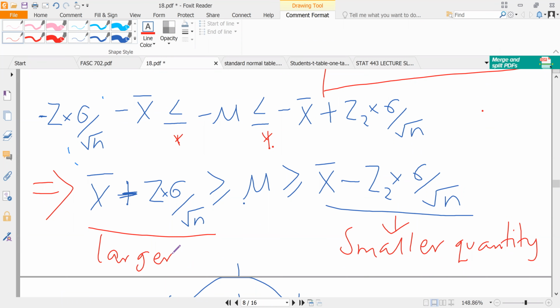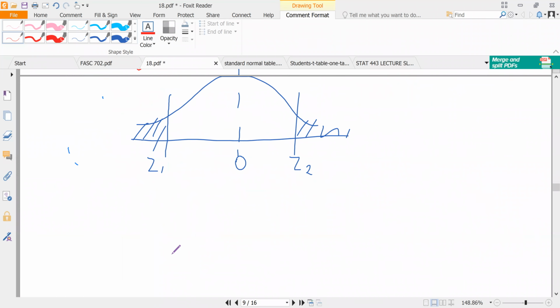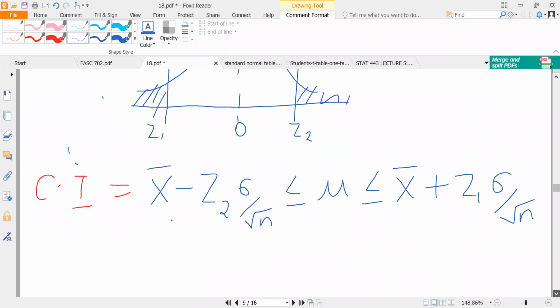So we can rewrite this whole expression so that our confidence interval becomes x bar minus z2 sigma over root n less than or equal to mu less than or equal to x bar plus z1 sigma over root n.